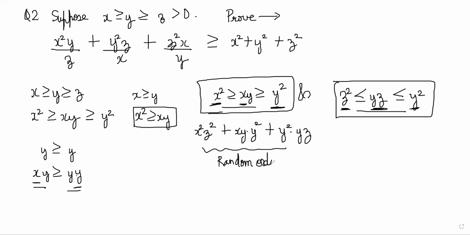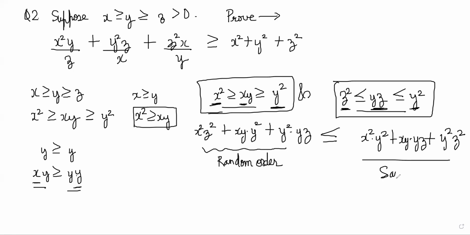And that is less than or equal to x square into y square, the largest terms, plus xy into yz, and the smallest term y square into z square, right? This is the same order sum. Here the order is a little mixed, but it is not a reverse order sum. We have a random order sum here, which is less than or equal to the same order sum, right?